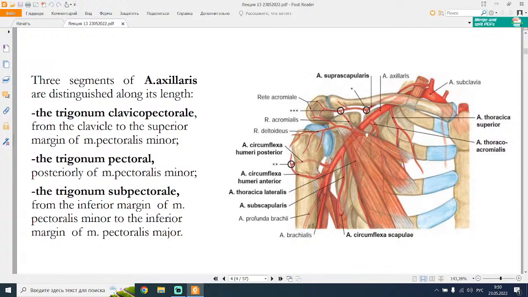The trigonum pectorale, posteriorly of musculus pectoralis minor. Next, the trigonum subpectorale, from the inferior margin of the musculus pectoralis minor to the inferior margin of the pectoralis major. Segments of arteria axillaris.